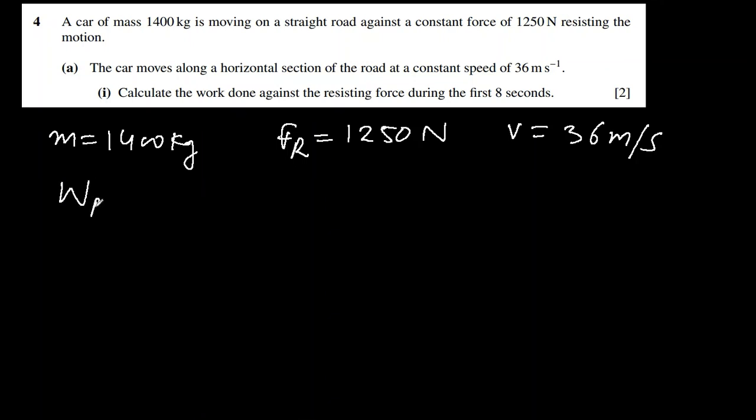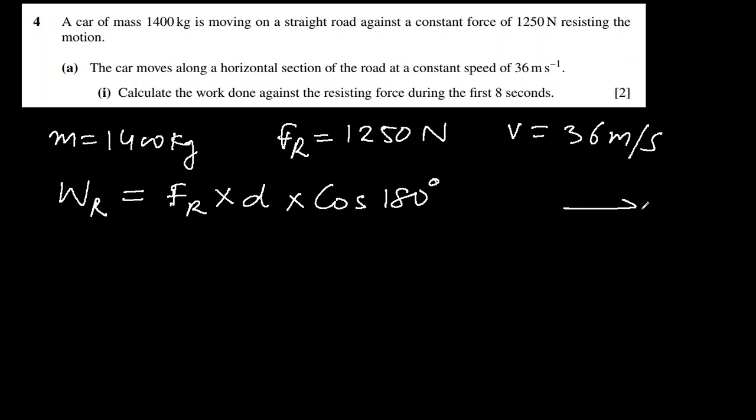So we can say that the work done against the resistive force is the force itself multiplied by the distance it travels multiplied by the cosine of the angle the two make. Since the car is going this way and the resistive force is this way, the motion and the force have an angle of 180 degrees between them.